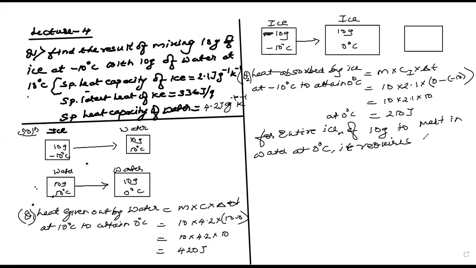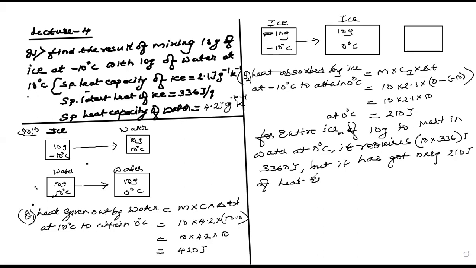It requires m into L, 10 into how much? 336 joules, so that is 3360 joules. But it has got only 210 joules of heat energy from the water.